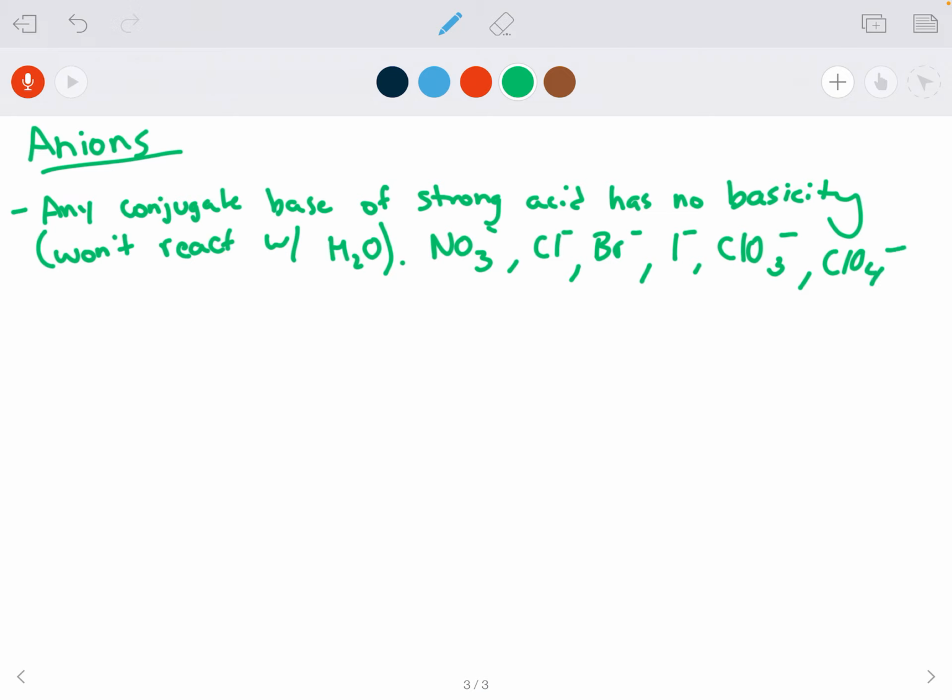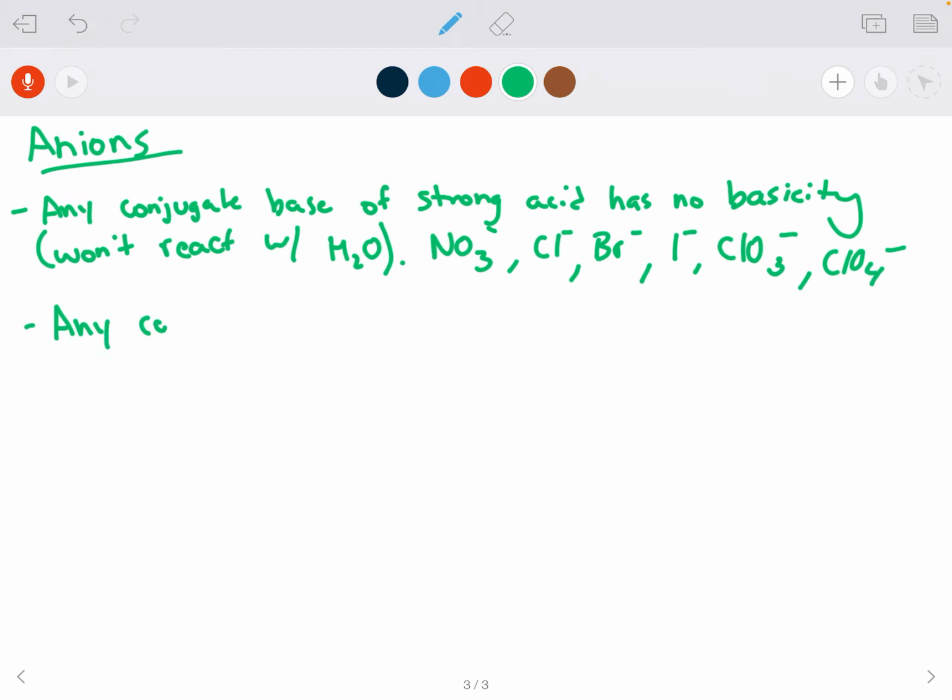An exception is bisulfate, so HSO4 minus. Because it has another hydrogen on it, it has some acidity to it, it has some basicity to it, because it still has an ionizable proton. But the other 6 conjugate bases of a strong acid will not have any basicity in solution.